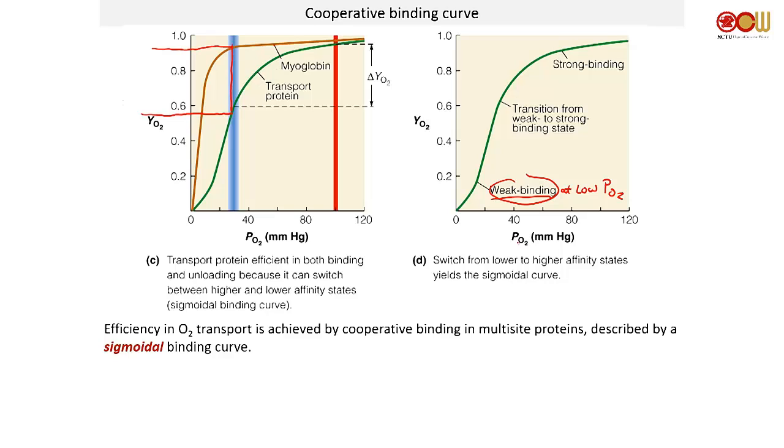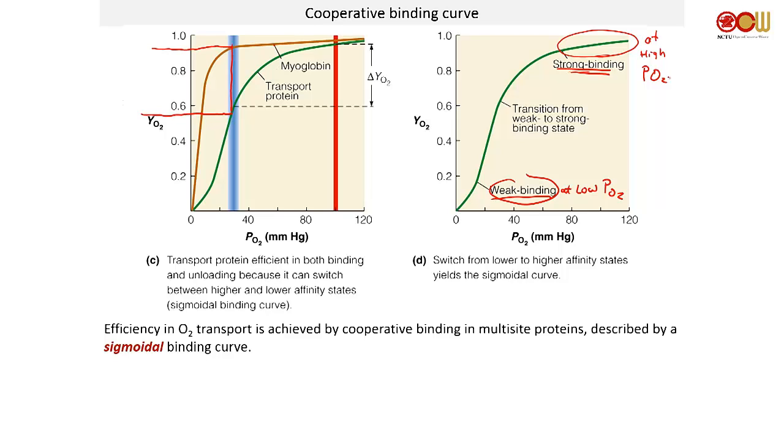Now, when the O2 concentration is high, around this region, you want strong binding because you want a very powerful delivery person that can carry a lot of stuff. So you want strong binding at high PO2 and weak binding at low PO2.